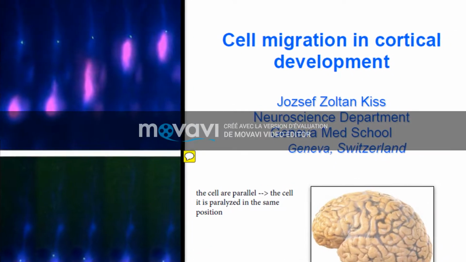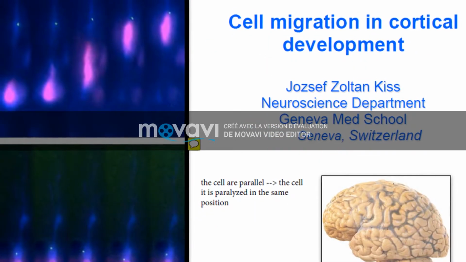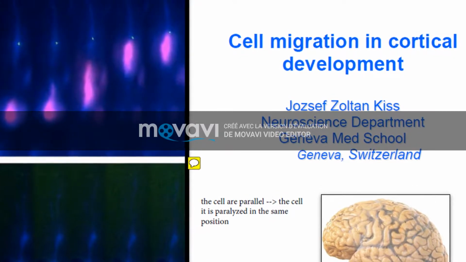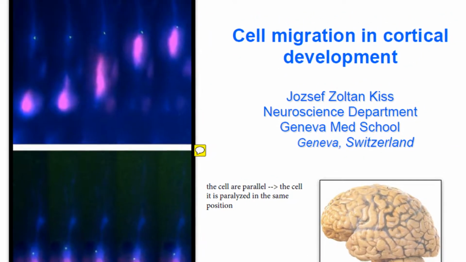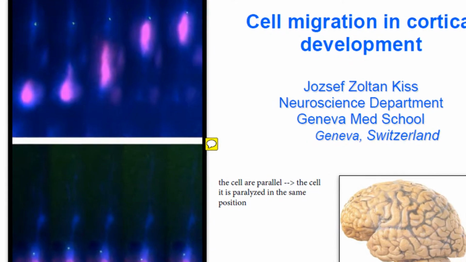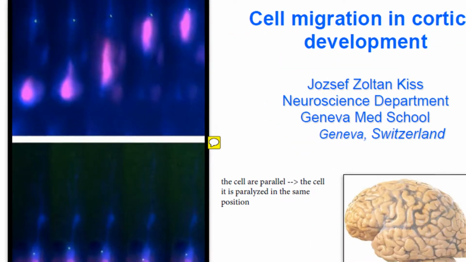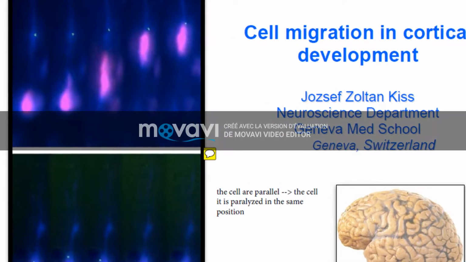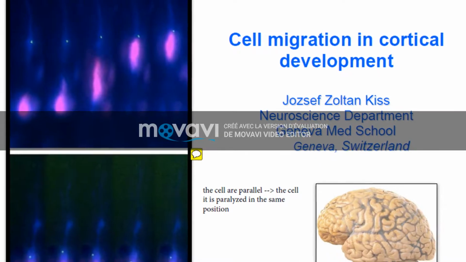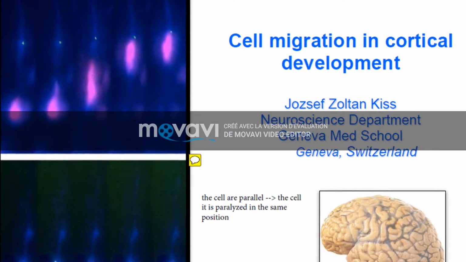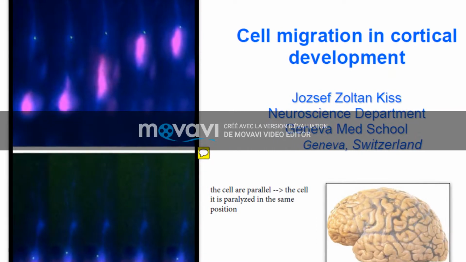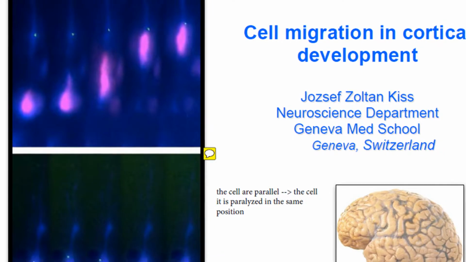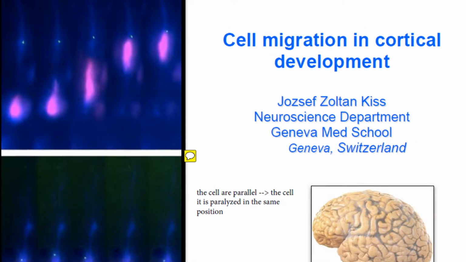So what happens is that the first wave of cells will be proliferating, generating the first wave of neurons. You know what type of neurons? These are layer 6 neurons, the most inner layer, layer 6 in red. Next wave, that will be layer 5. What is the consequence? Layer 5 neurons have to go through this already established layer 6. So that's a complete fight to go further and bypass the already established layer 6.